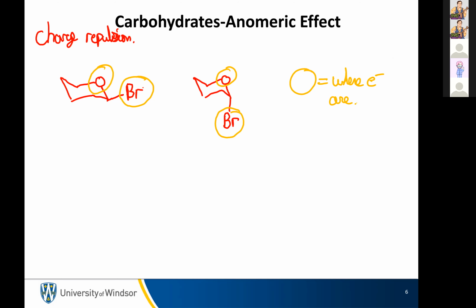And electrons don't like being near other electrons. In beta, they're close. In alpha, they're far.